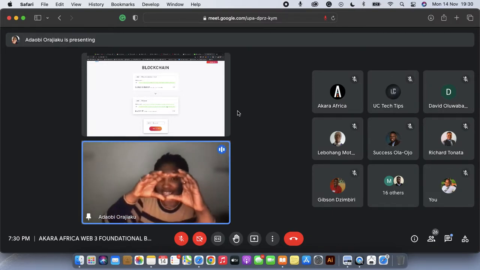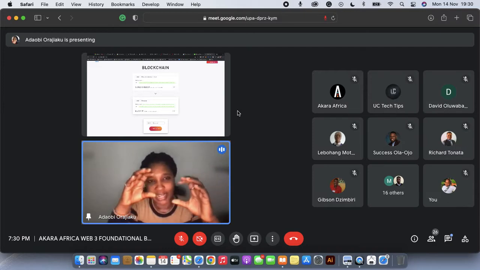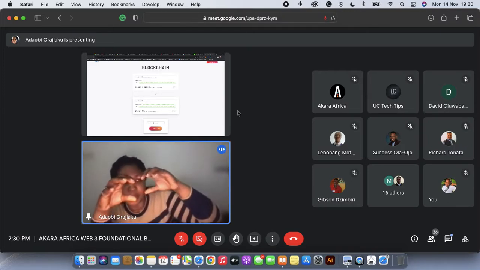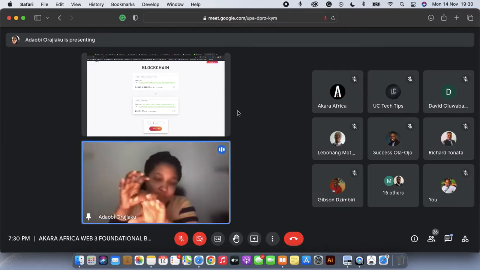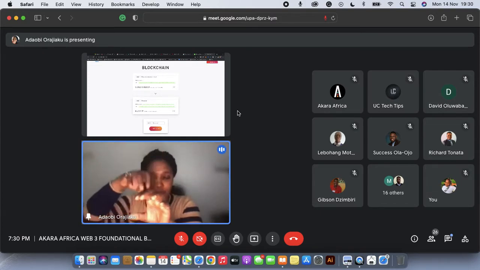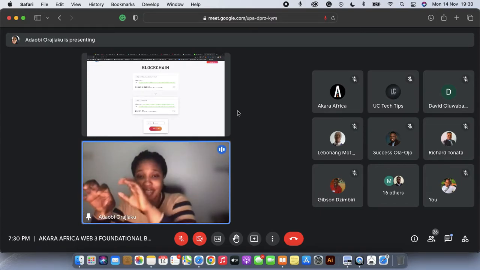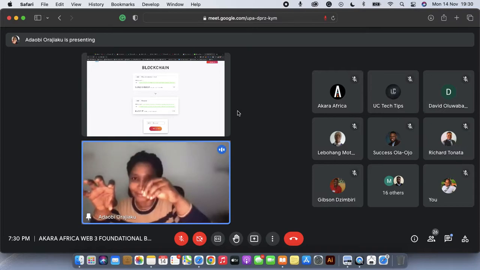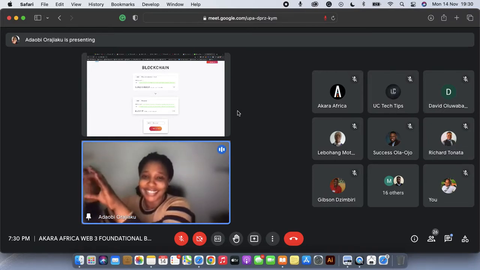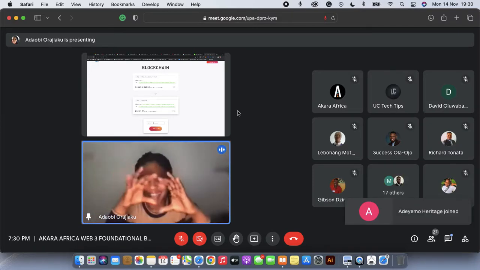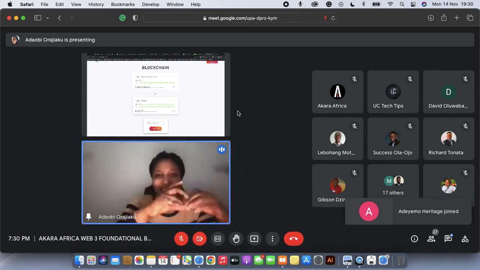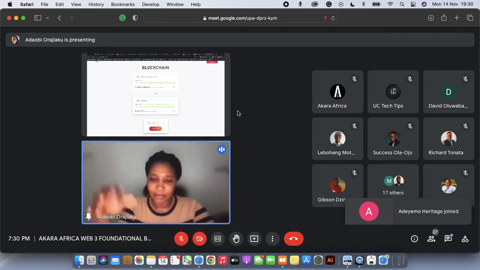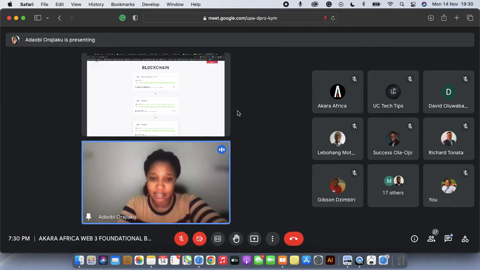The first block is an encryption, the second block is an encryption of something from the first block. The third block is an encryption of the encryption of the second block. The fourth block is an encryption of the third, if you get what I'm saying. That's the concept that brought the whole logic of blockchain, right?